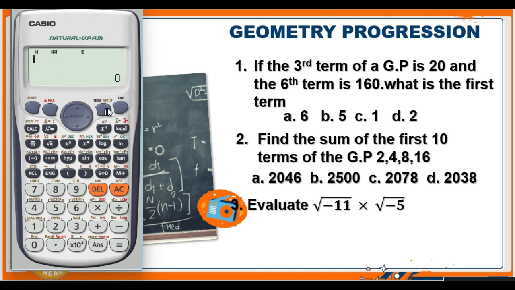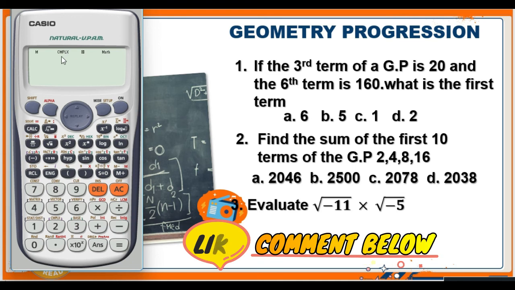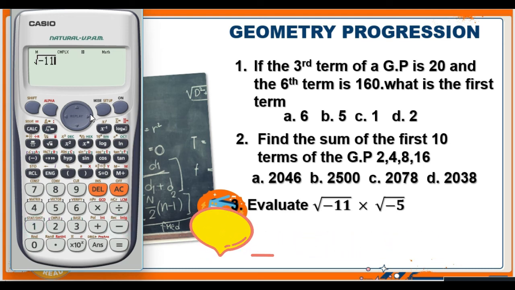Alright, so I want us to solve this question. It's a bonus question. Mostly when you key in a negative root, it will give you undefined, or it cannot be solved, let me put it that way. But you have to change your calculator to the complex mode, which is what we have just done. Complex mode, then you key in.